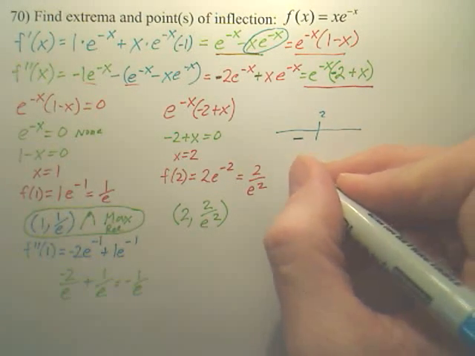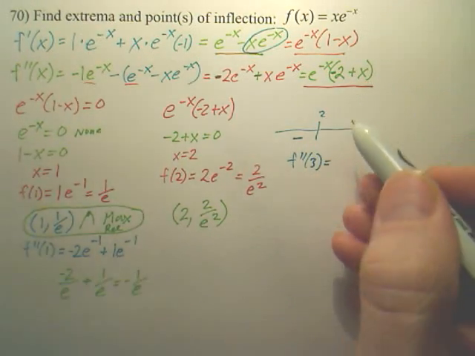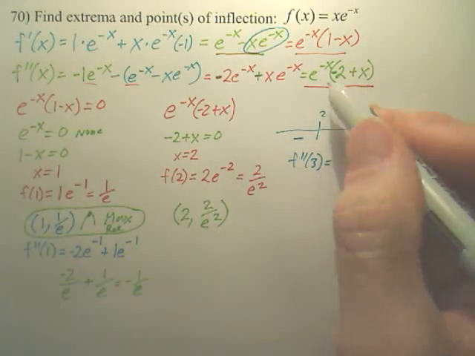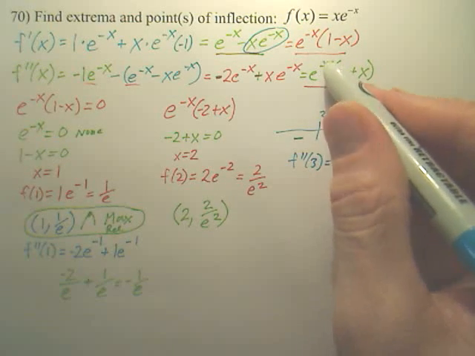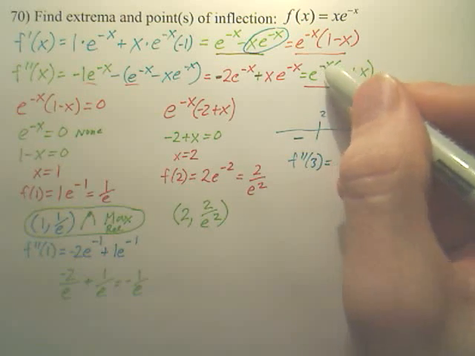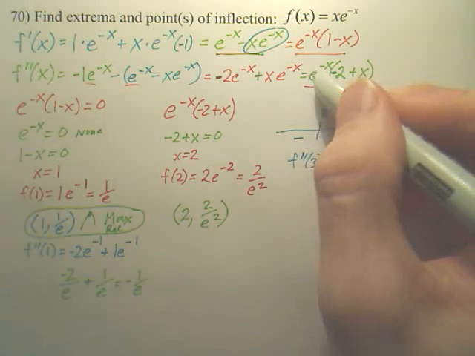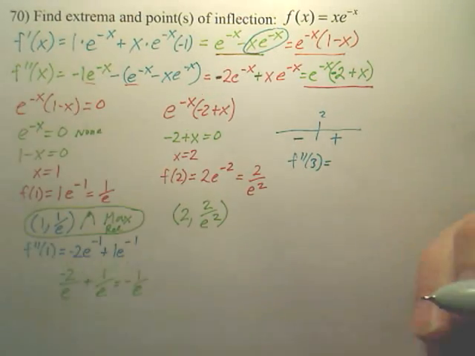Let's plug in 3. So f double prime 3, when we plug that in, well, let's just look at this one. If I plug in 3, that would be 1 over e to the third. So would this be positive when I plug in 3? Will this piece be positive? Yes. And what's negative 2 plus 3? Is that positive? So a positive times a positive is a positive.